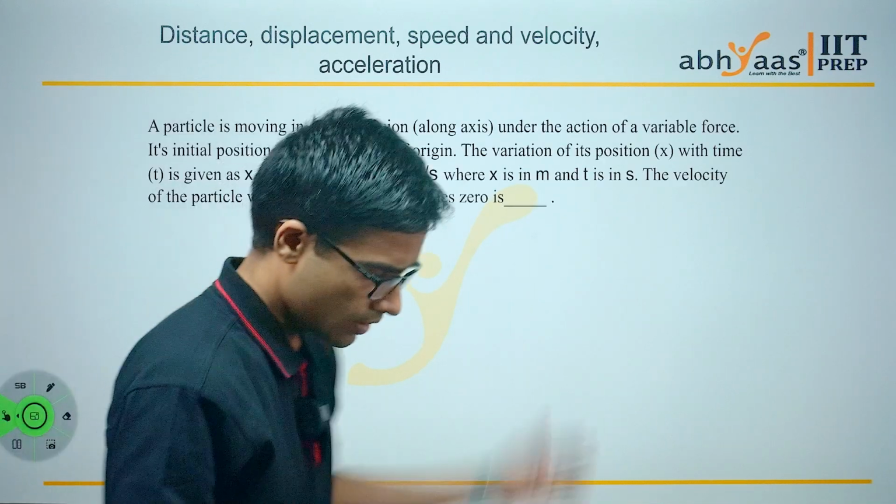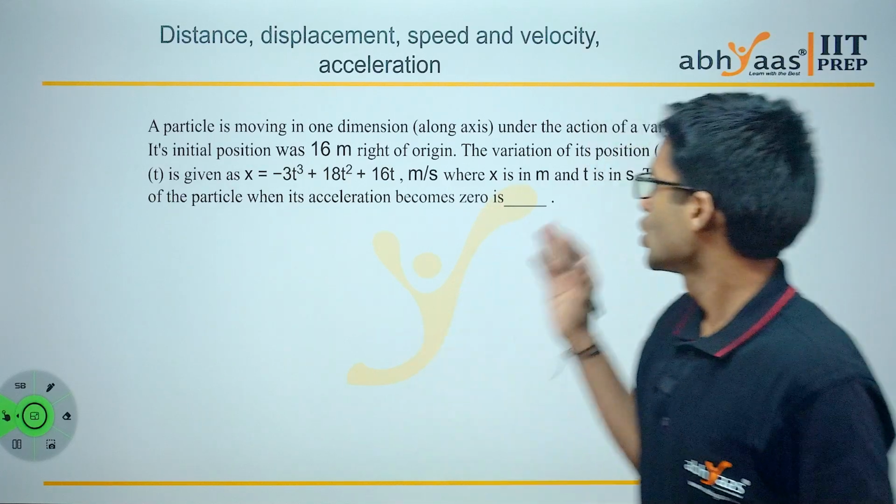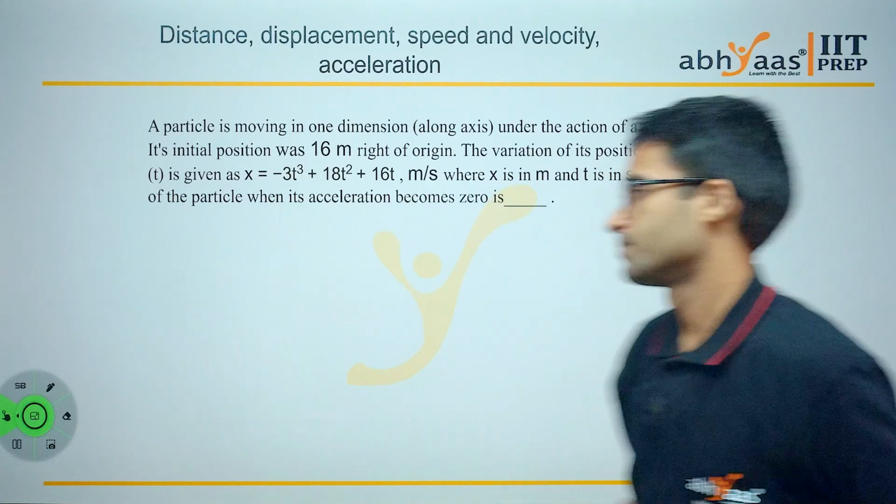Now going to another one where you get the x value, you need to calculate what? Velocity of the particle when its acceleration becomes 0.